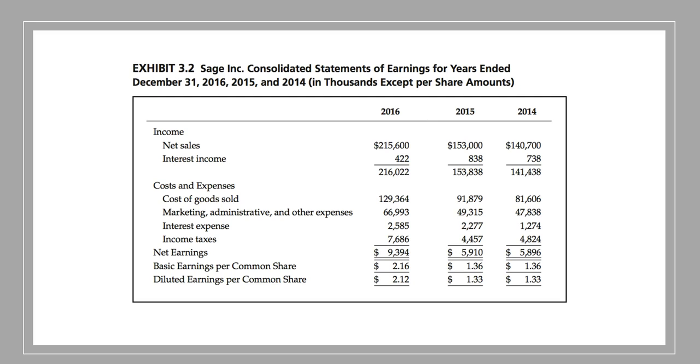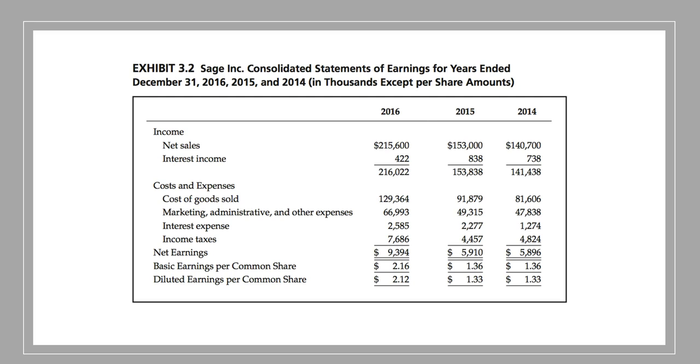If they were to execute those, it would increase the number of shares outstanding, and the earnings per share would go from $2.16 down to $2.12. It's a piece of information that investors and analysts like to know, so that's worthwhile to know. So this is an example of the single step statement.